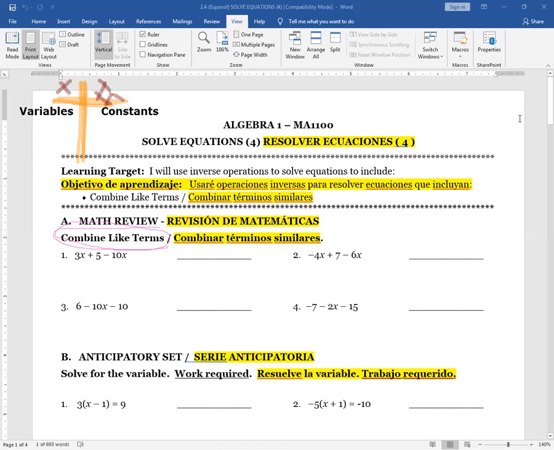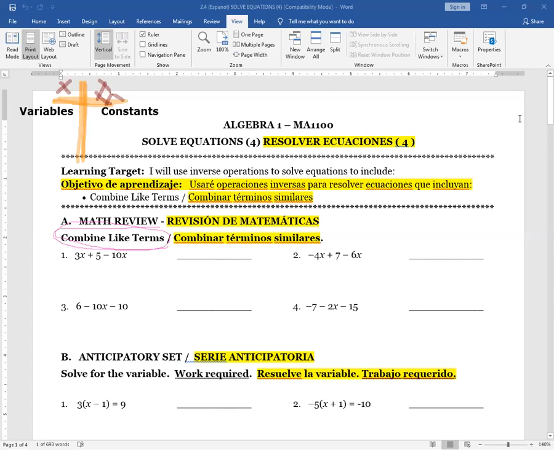So just imagine that you have to buy some gas. Today, when you buy gas, it's $2 a gallon. But tomorrow, when you buy gas, it's $2.25 a gallon because gas goes up and down, right? Good. So the price of gas is a variable.